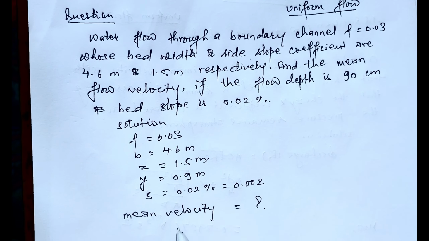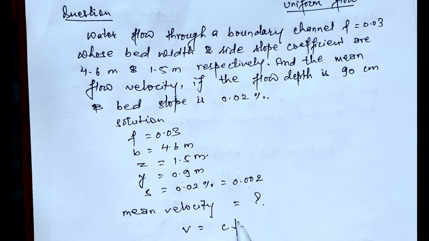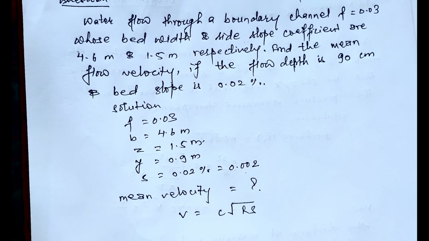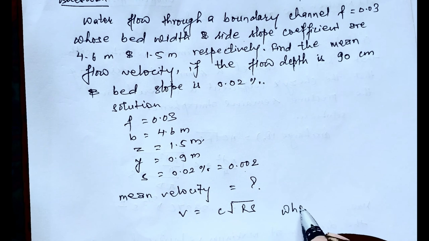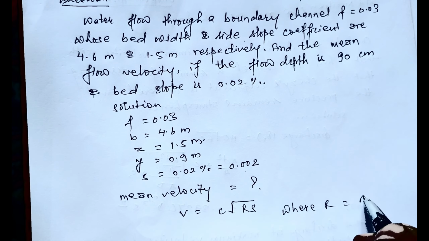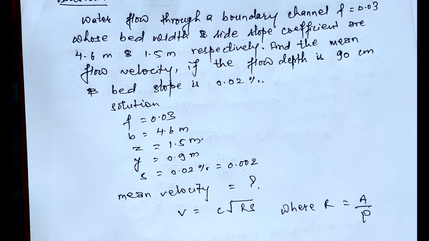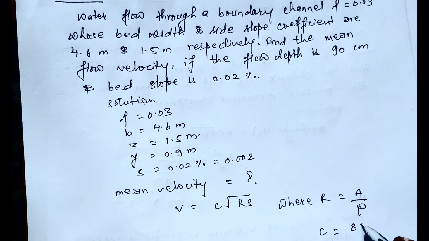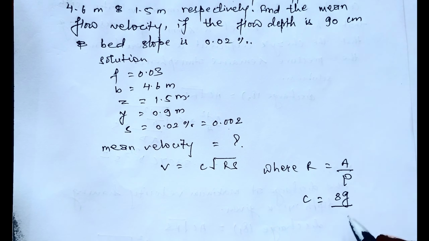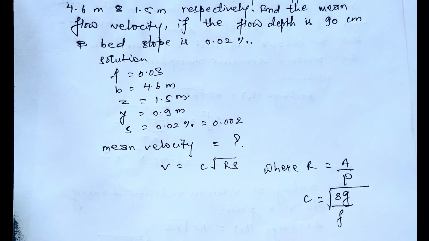Mean velocity v equals c root over rs, where r equals a by p and c equals root over 8g by f.